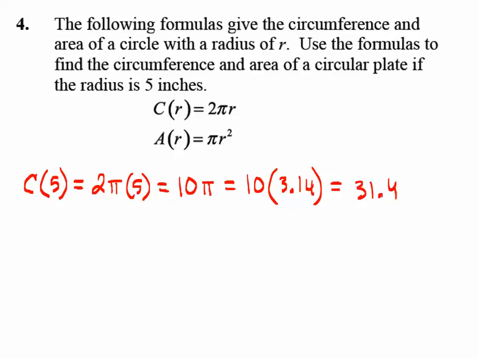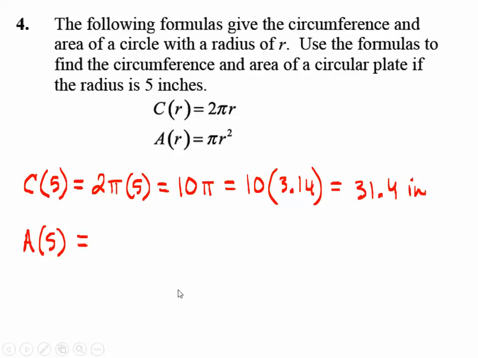Some of your calculators do have a pi button, so you can just press pi. They may give you a slightly different answer though, because this is just an approximation. 3.14, pi is 3.14159, blah blah blah. It goes on forever. And always put your units if you can. Whenever you talk about units, plug in the units at the end always.